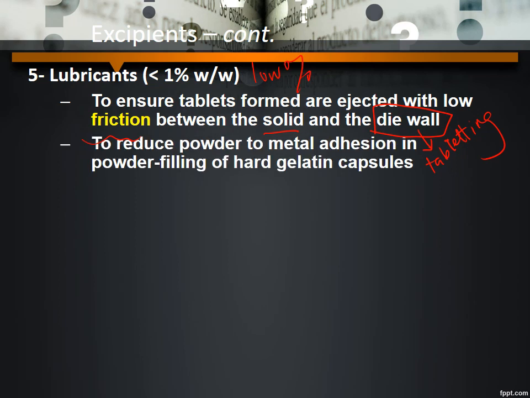It is also used to reduce powder to metal adhesion in powder filling of hard gelatin capsules. So in tableting, it reduces the friction between the solid and die wall, and in capsule manufacturing, it reduces powder to metal adhesion.